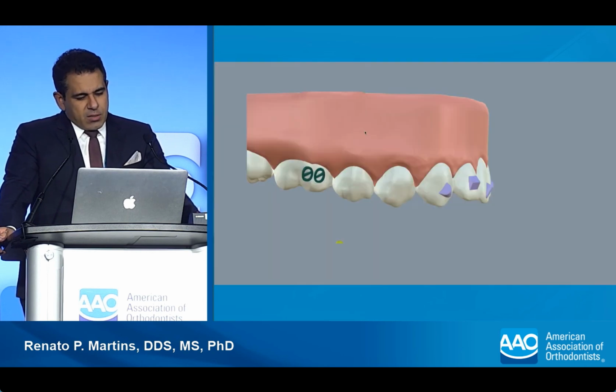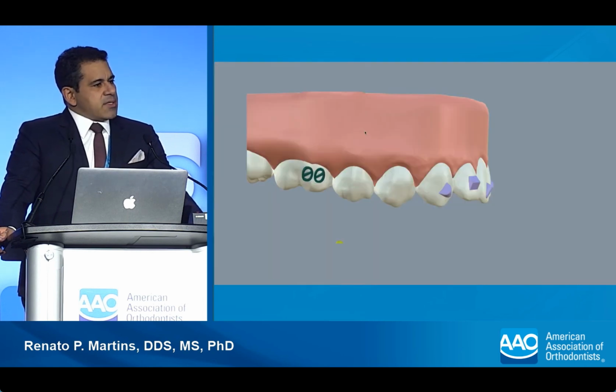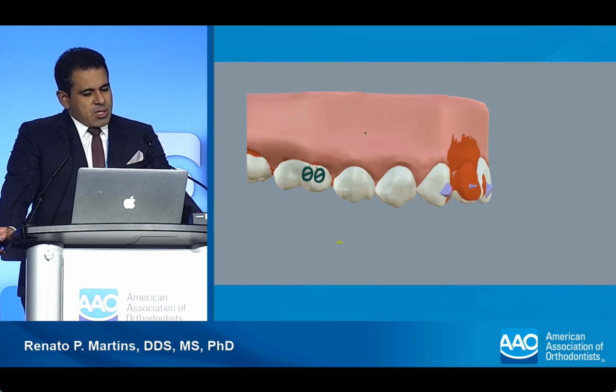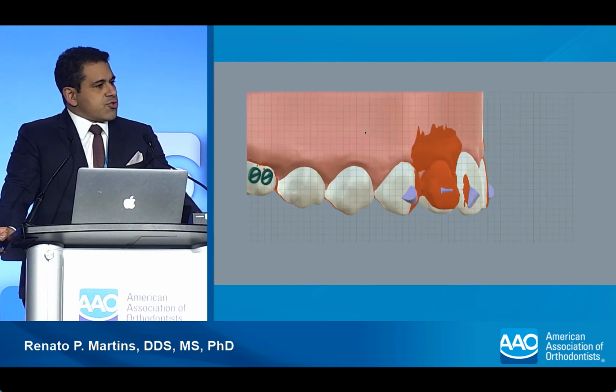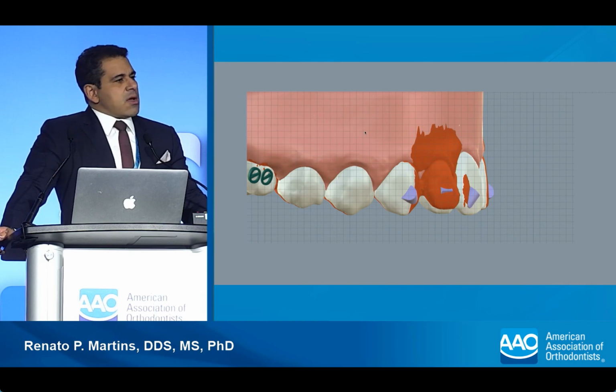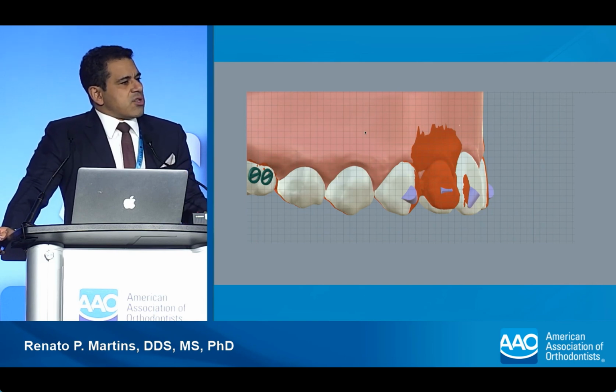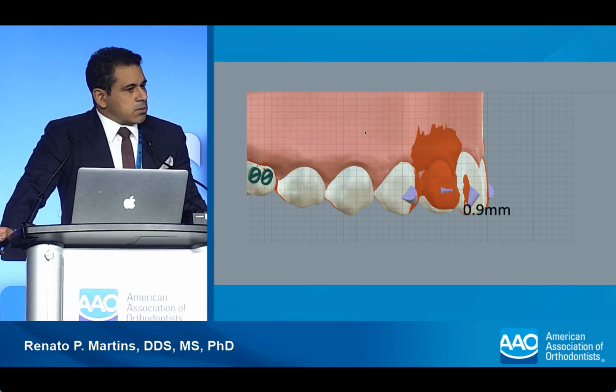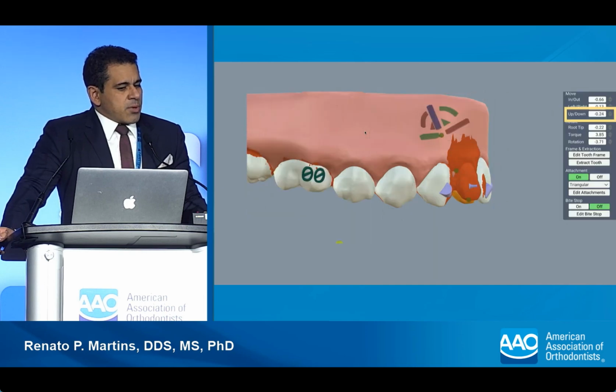So how can you tell? If you have your case, after you do your setup, you can measure how much there was of extrusion of the incisal edge. So here I'm using Archform. You can check that we had an extrusion of the incisal edge of 0.9. I can go on my numbers and I can see the pure extrusion, which is 0.24.